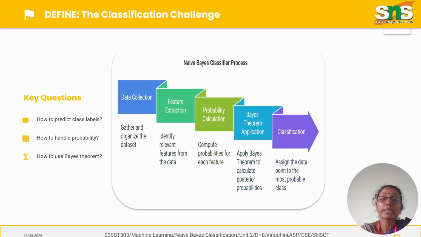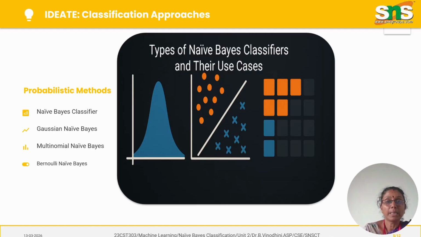After calculating the probability, we apply the Bayes theorem to calculate the posterior probability. We find the prior probability, and after that, using the Bayes theorem, we calculate the posterior probability. Finally, we classify based upon that calculation of the Bayes theorem, assigning the data to the most probable class. This is the process of the Naïve Bayes classifier.